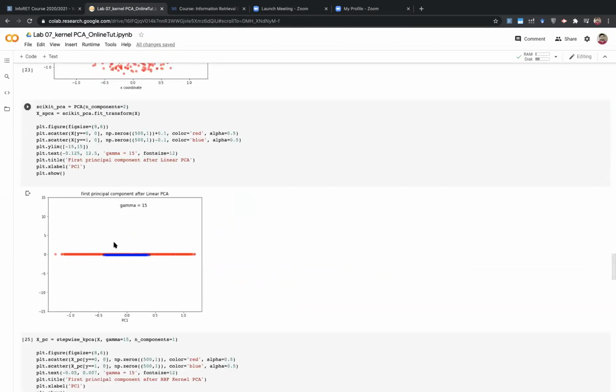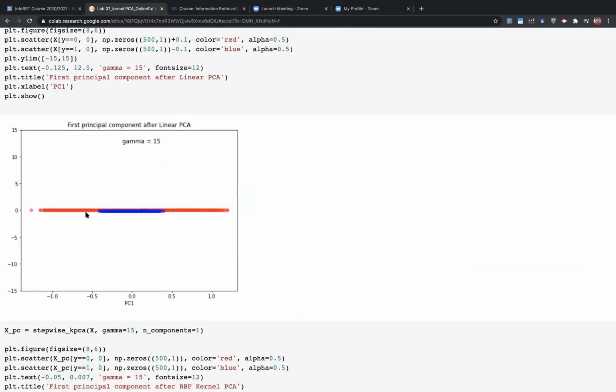For the first principal component, the variation in the blue dots is from minus 0.5 to 0.5, whereas the variation in the red is from minus 1 to 1, roughly speaking. So this is what the linear PCA is capturing. It's not able to transform it into a new space and calculate principal components there.